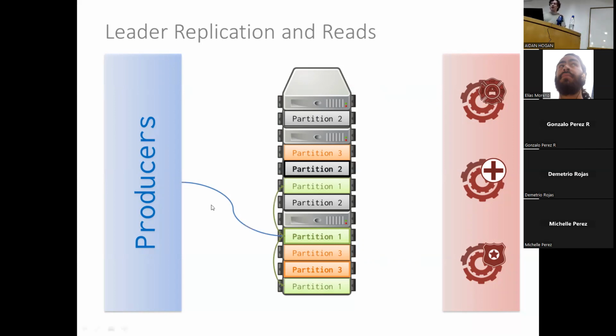We probably understand why we need to write to the leader. This is to make sure we have a consistent order in the different copies, in the different replicas for the partition. What is kind of weird is that we can't read from anything here, because we know that these are exact copies of the partitions, right? We know that they're consistent. So why can't we read from the followers, from the other copies?